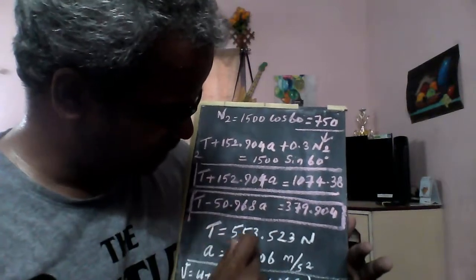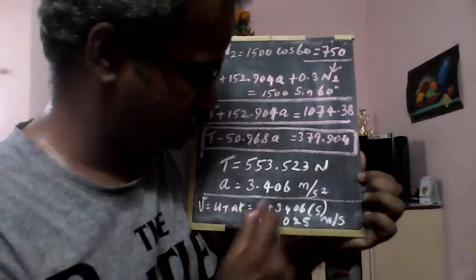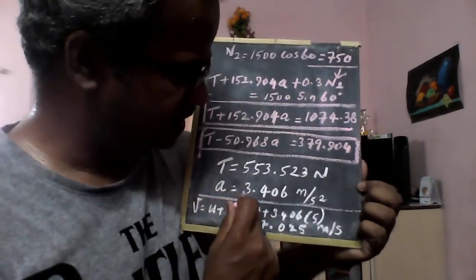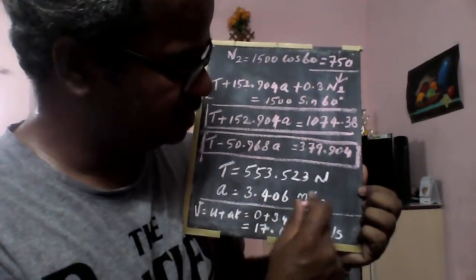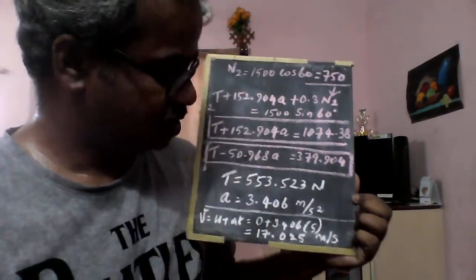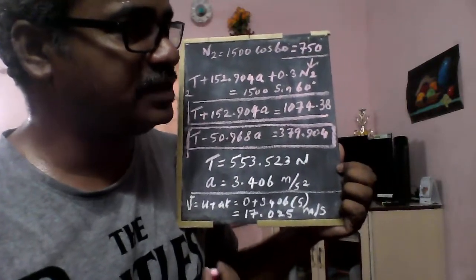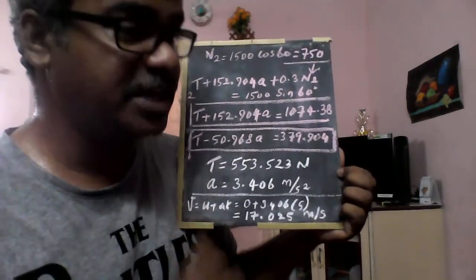T you will get as 553.523 Newton, and A you will get as 3.406 meter per second square. Now, we have our acceleration. After 5 seconds, what is the final velocity?